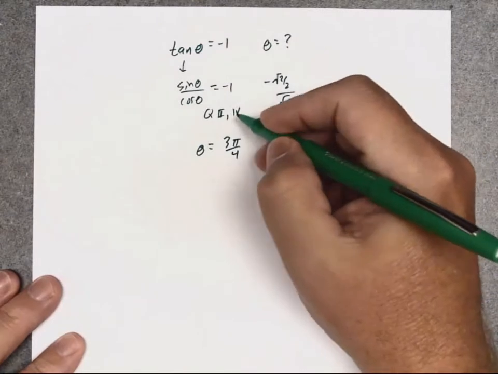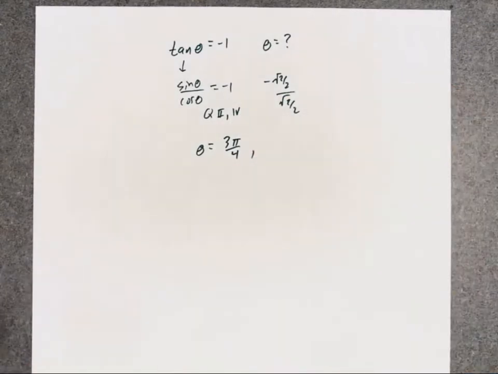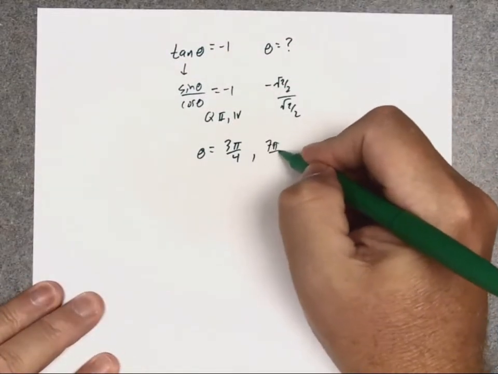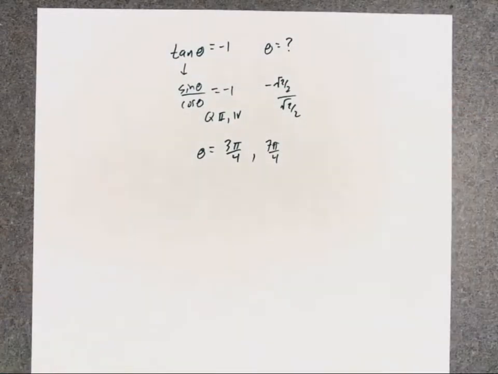And if I go to quadrant 4, I realize in quadrant 4, it's 7 pi over 4. So initially, I have two solutions. Of course, what happens with the tangent, like sine and cosine, is you can go around and around the unit circle. But here's what's interesting.